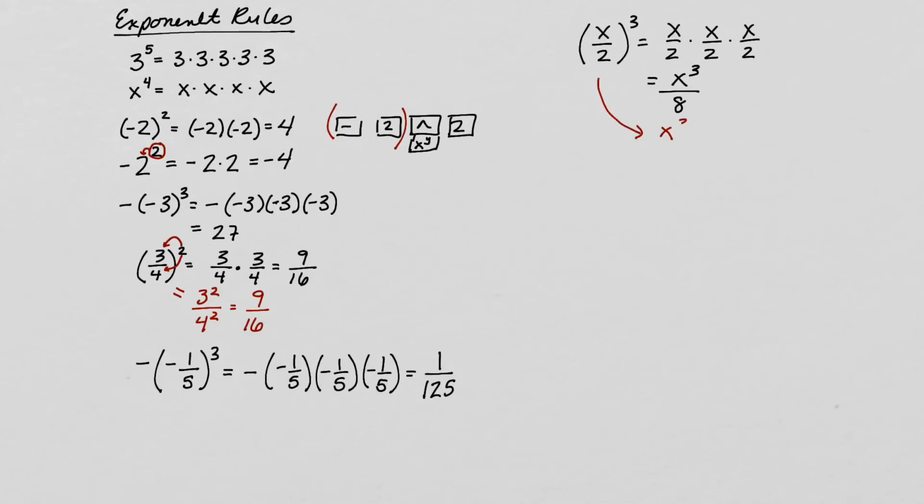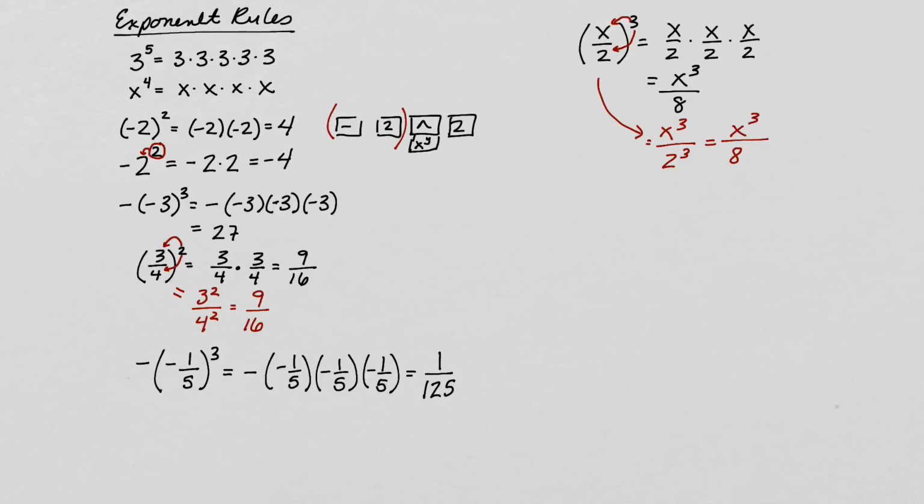So this would be x cubed divided by 2 cubed. So I took the 3 and I put it to the x, and I put it to the 2. And if I do that, there's nothing more to do on the top. It just stays as an x cubed, but 2 cubed is 2 times 2 times 2, or 8. So you get the same answer, whether you distribute that exponent or you rewrite the stuff that number of times inside.